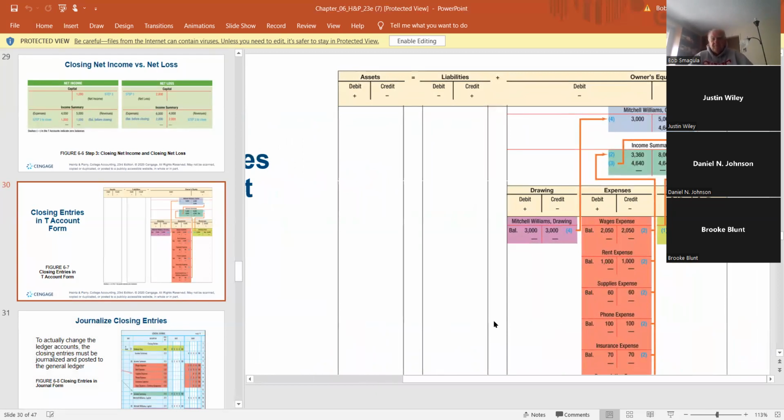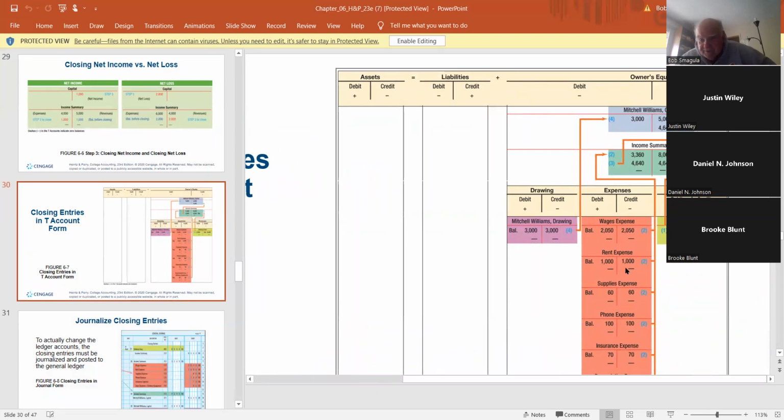Let's see what we have here. Well, we'll start with the revenues. He had only 1 revenue account, so he debited that for $8,000 and credited income summary for $8,000. Put the sales in. Then he went through every expense and credited every expense. Look at that, the balances are all zero.